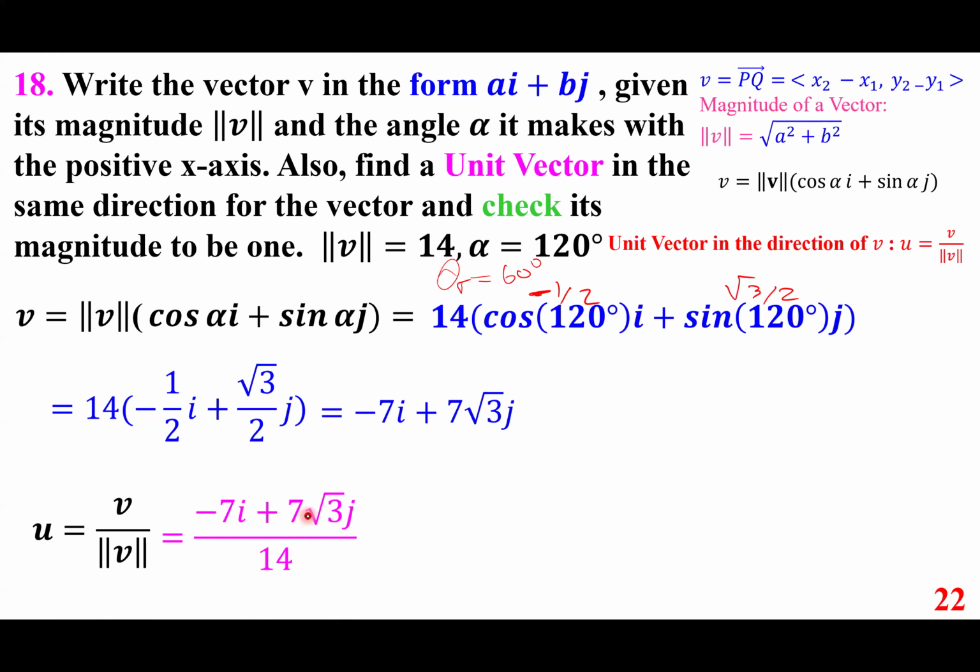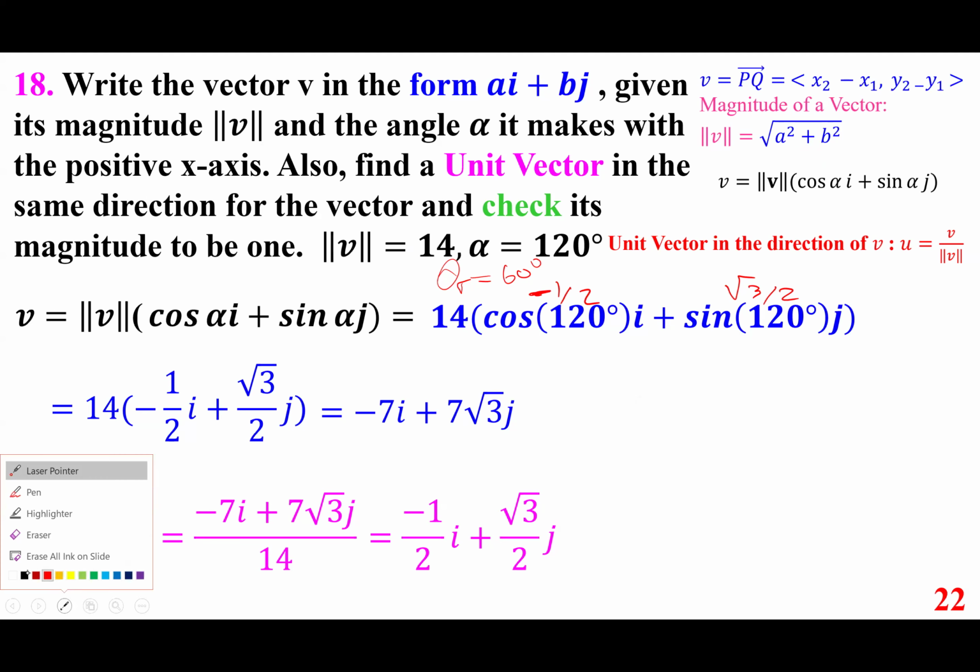This becomes +1. And we end up with -1/2 i plus square root of 3 over 2 j. Now, what happens is that this is in the same direction. So let's say this direction, right? Actually, this is 120, this direction. Same direction. In essence, this is the concept.